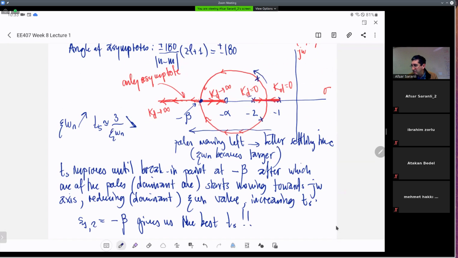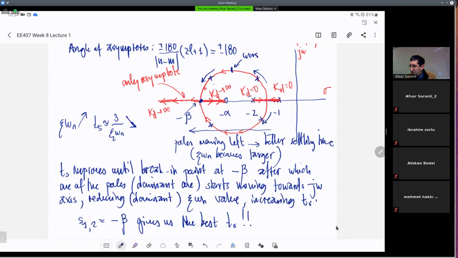What's happening with the oscillations? First increase, then decrease. Very good, right? It's going to first become worse. The oscillation frequency will increase because I'm moving away from the real axis with increasing j omega d. Then it starts decreasing again here. So the worst oscillations happen at this point.